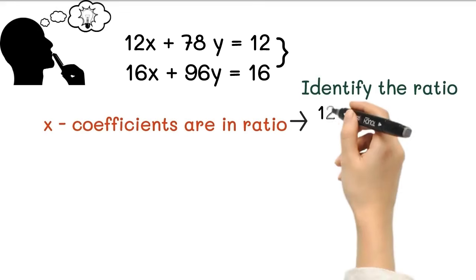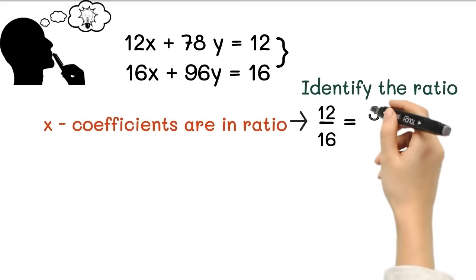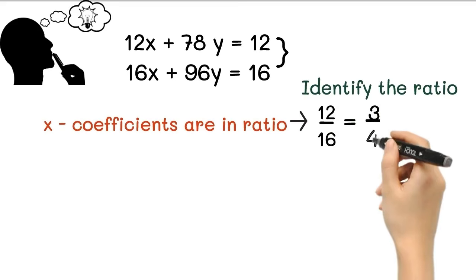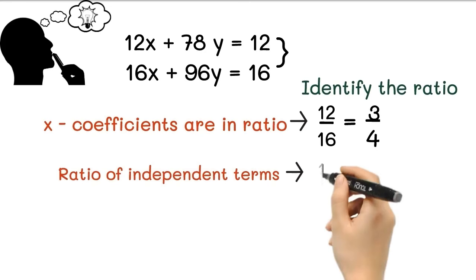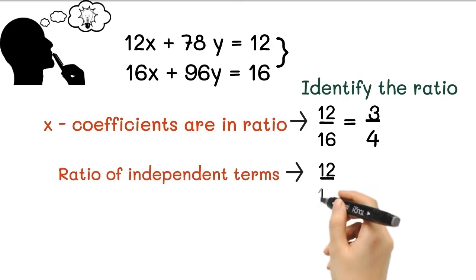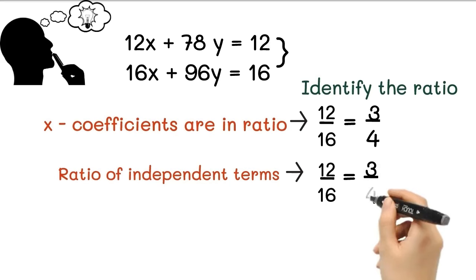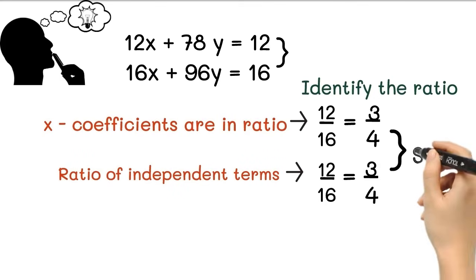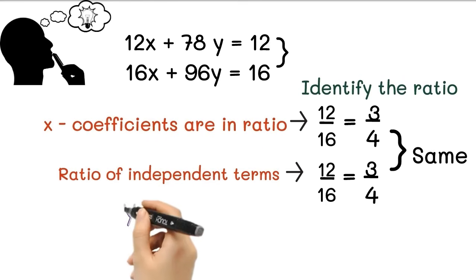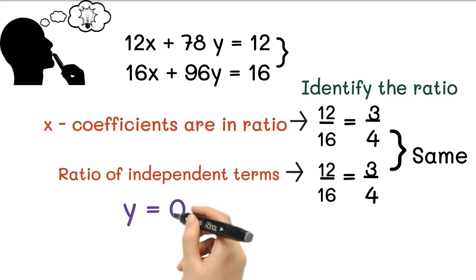So let's take the ratio. 12 upon 16 equals 3 upon 4. Now let's take the ratio of independent terms, which is 12 upon 16, and that is nothing but 3 upon 4. So you can observe that the ratio of x coefficients of the equations is equal to the ratio of independent terms, so we can equate the other variable y with 0.